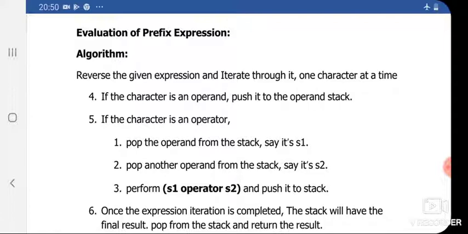If the character is an operand we push it to the stack, but if it is an operator we pop the first two operands from the stack, let us say them respectively as s1 and s2. Then we perform the s1 operator s2 operation and we push the result of that operation back to the stack.